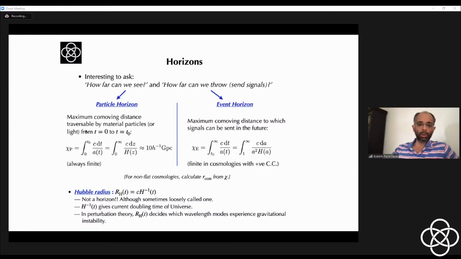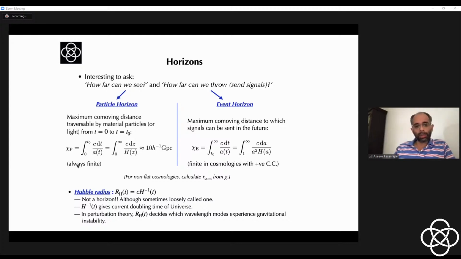So the line element equal to 0 is the description of the trajectory of light. So you set ds squared equal to 0, and then you will get an equation between the co-moving distance and time, and you can integrate this equation, and what you will get for the co-moving distance from time t equal to 0 to t equal to t naught is this expression. You've probably already seen this in some form in the previous lectures.